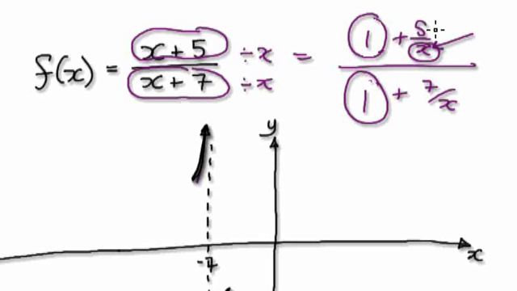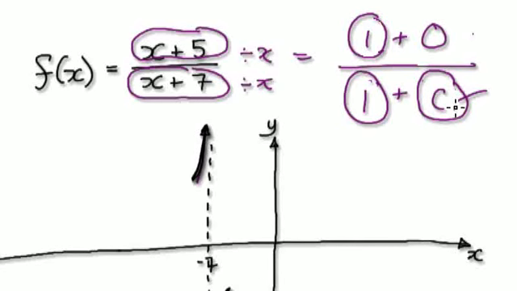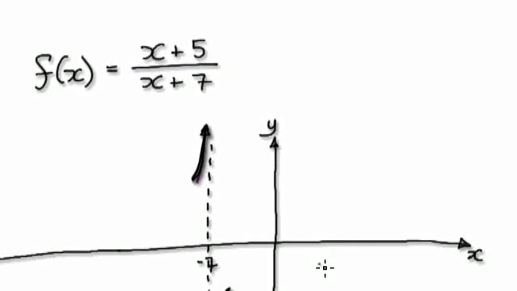So you've got 5 divided by something very big, which will be 0. The same argument can be used down here. Put something very big in here, then this whole thing will be 0. So you've got 1 over 1, which is 1. So this thing here tends towards 1, and then you can use the same argument over on this side as well.